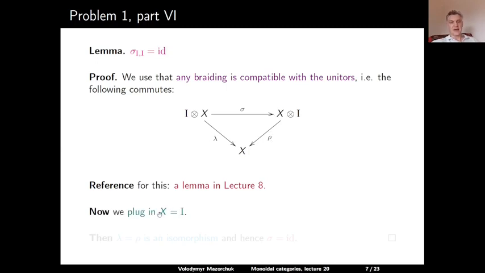So now if we take x to be the identity, then lambda is equal to rho, and they both are isomorphisms. This means that sigma must be the identity map because of the commutativity of this diagram, because lambda is equal to rho after sigma. So if we multiply this on the left with the inverse of lambda, which is the same as the inverse of rho, we get that sigma is the identity. And this completes problem 1.